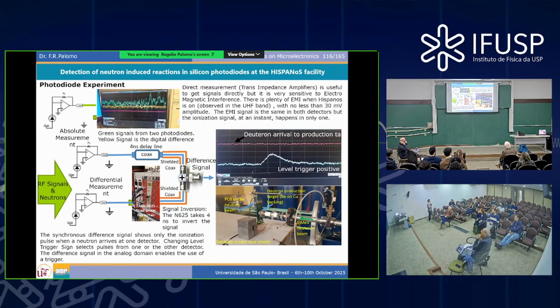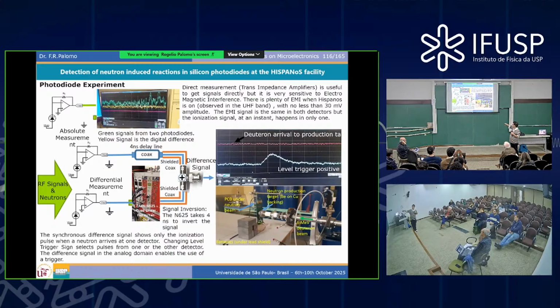Second, a less naive approach, putting in an electromagnetic shield, is impossible because your neutrons have to reach the photodiodes. So which is the solution? A differential measurement. In a differential measurement, we are capturing the signals coming from two diodes. One is inverted, the signal is inverted.